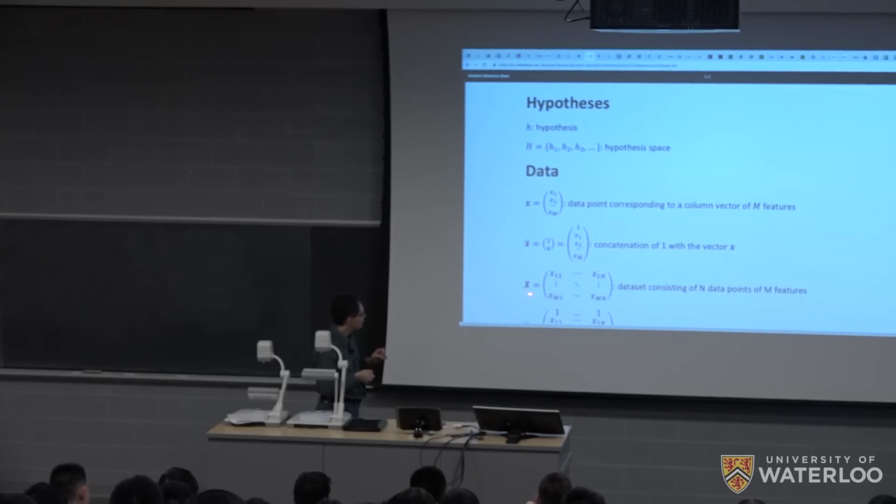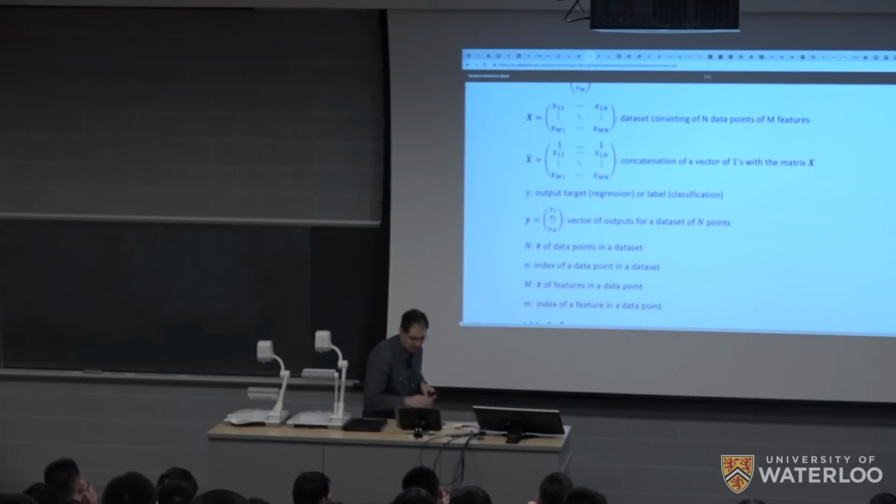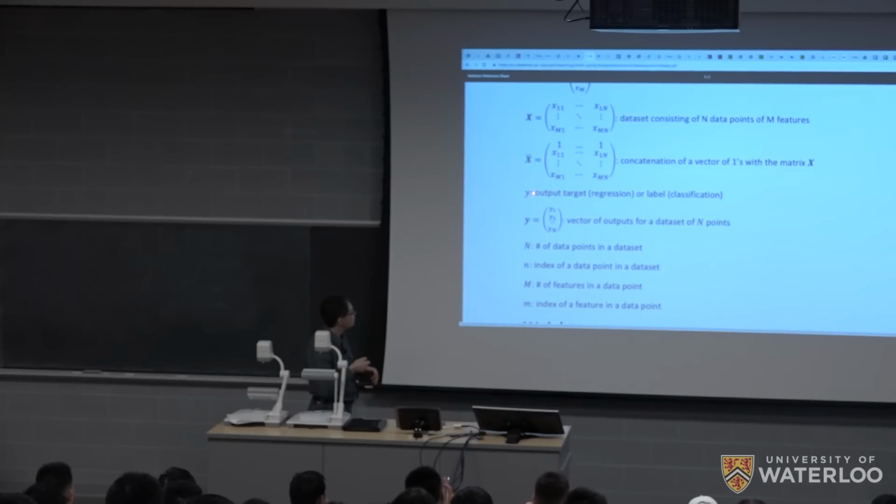An entire data set I'm going to denote by capital X, bolded. Then capital X bar is the entire data set concatenated with a row of 1s. We have the output, which is Y. The vector of outputs for all the data points is going to be bolded Y. The number of data points in a data set is capital N, and the number of features is capital M.